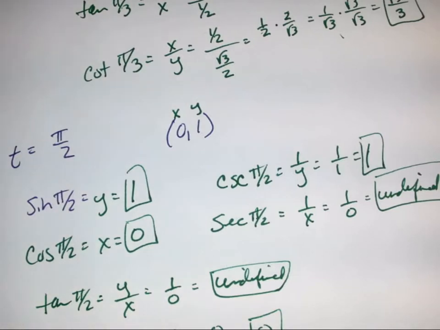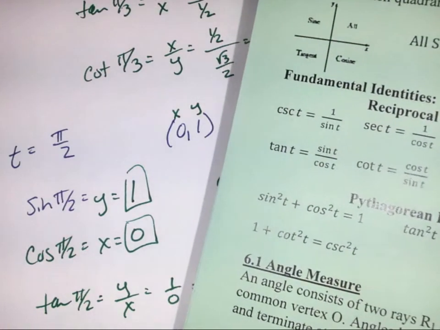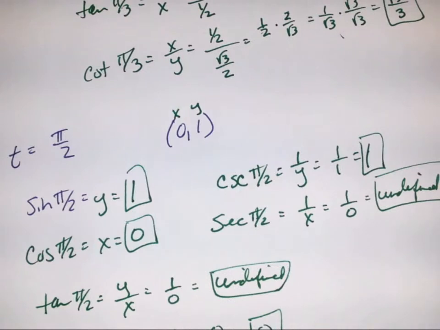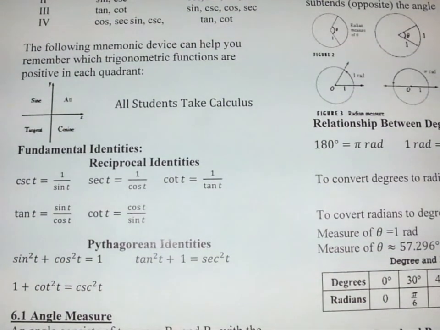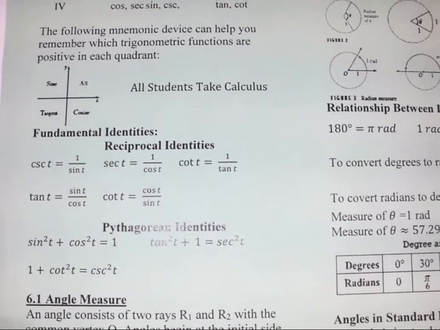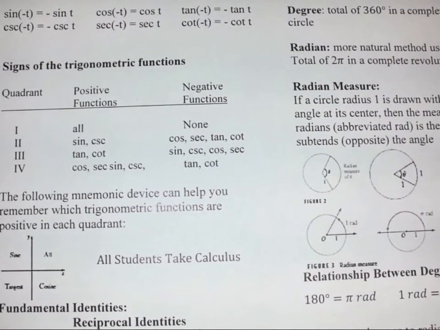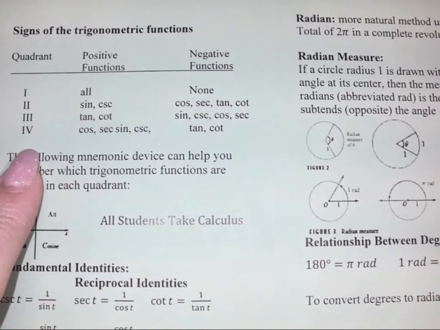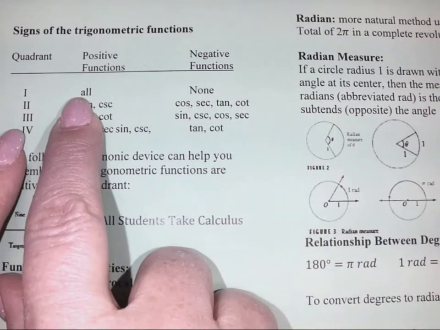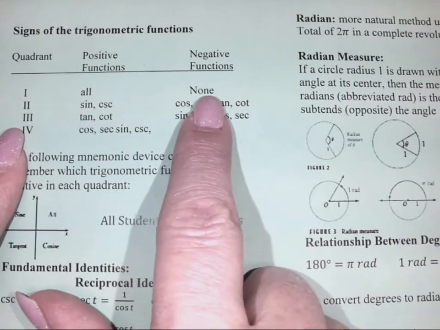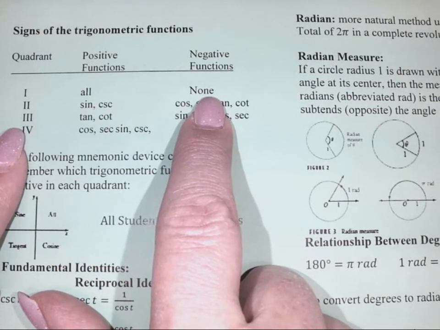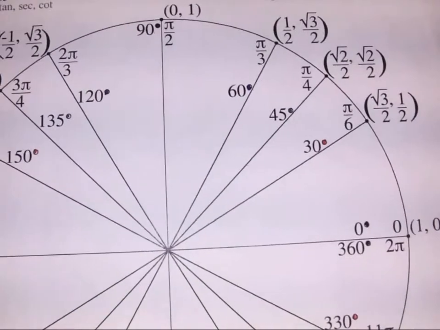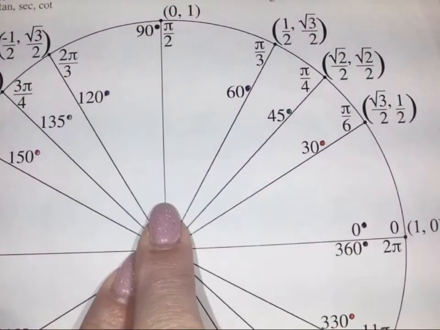So the next thing we're going to talk about is the signs of the trigonometric functions in the quadrants, what's going on with them, on our handout here. All of them are going to be positive, and none of them will be negative in quadrant 1, because that is, remember, where our x and our y are all positive.